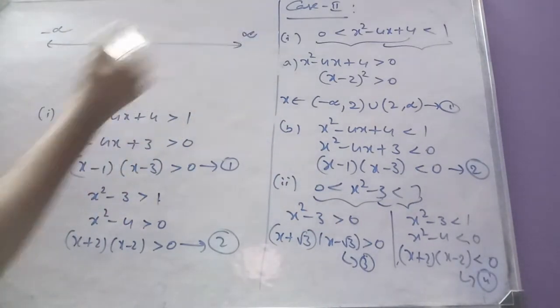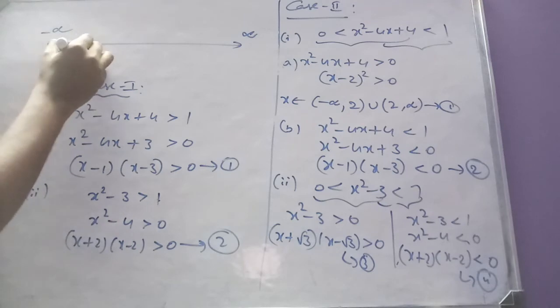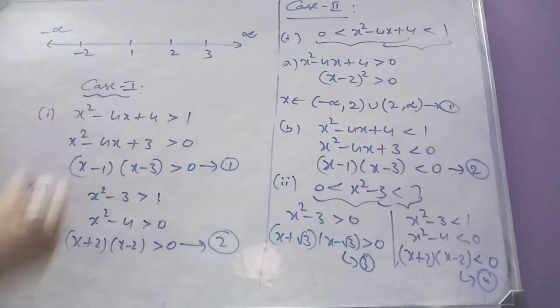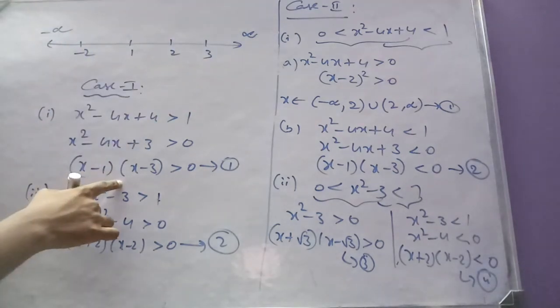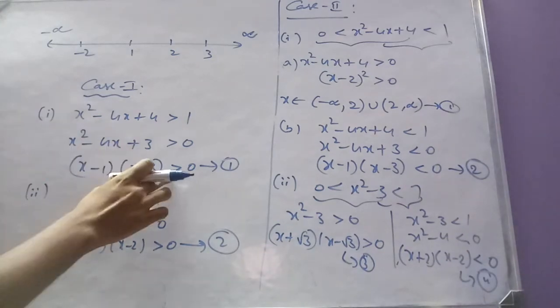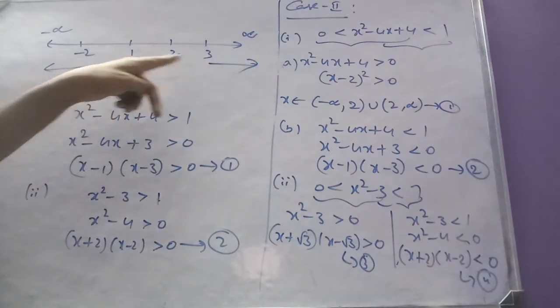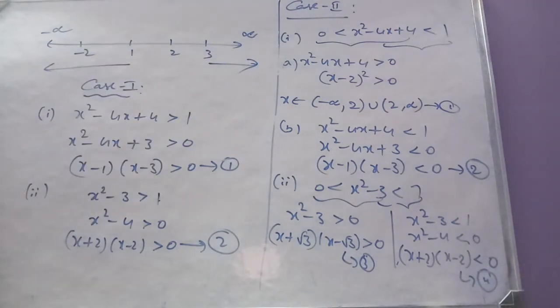Minus infinity to plus infinity, and look at all the zeros. Minus 2, 1, 2, 3. So the first inequality says that the value x is not between 1 and 3, correct? Because the symbol is greater than. It is less than 1 or greater than 3. Not between 1 and 3 means less than 1 or greater than 3. And this also says that the solution is not between minus 2 and plus 2.